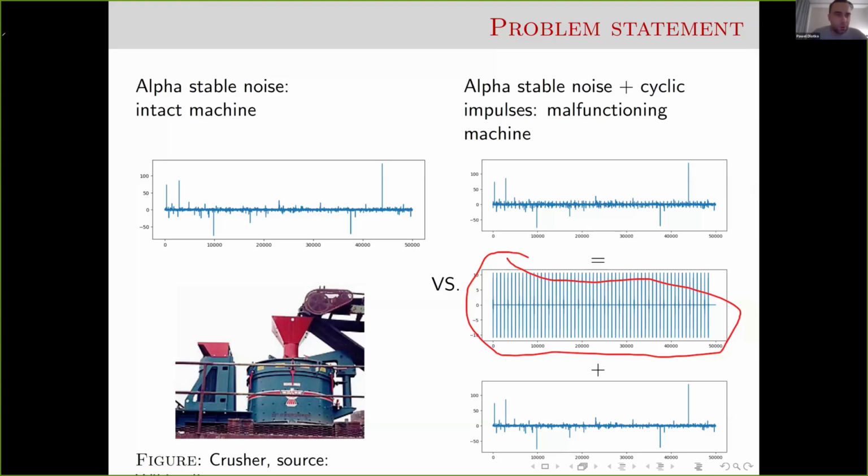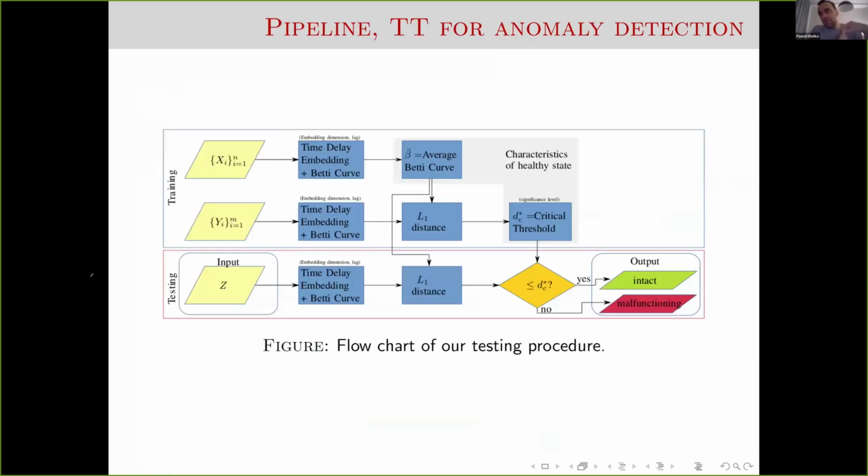Of course, we do not know the probability distribution from which it is sampled. But what we do know is we have a lot of historical data from this machine where it was actually working perfectly. And if you think about the construction of the topo tests, the only thing that we need is to be able to sample from the distribution. We don't need to know the formula. You can sample from the distribution essentially by using the historical data.